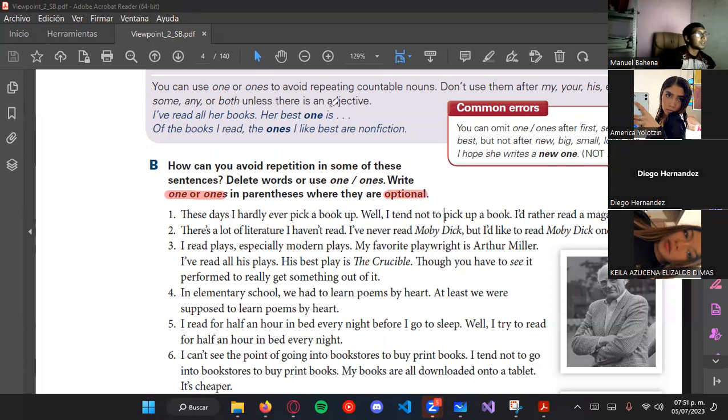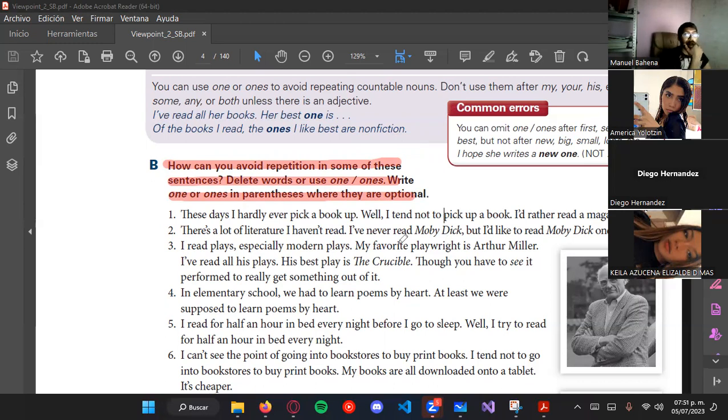¿De acuerdo? A ver, entonces rápido, a ver, América, can you translate the instructions, please? ¿Me podrías traducir las instrucciones? Sí, teacher. Dice, ¿cómo puedes evitar repetir? ¿Cómo puedes evitar la repetición en algunas de estas oraciones?